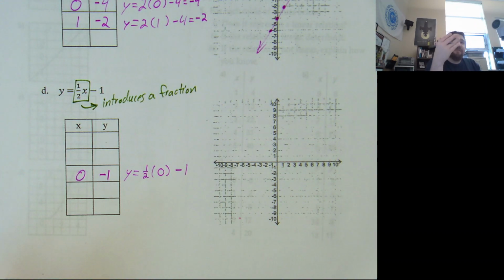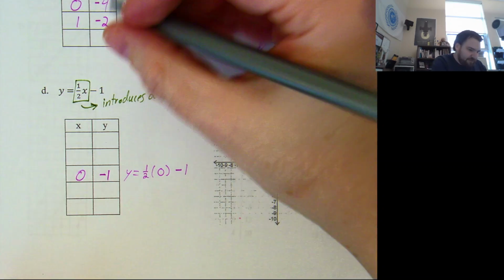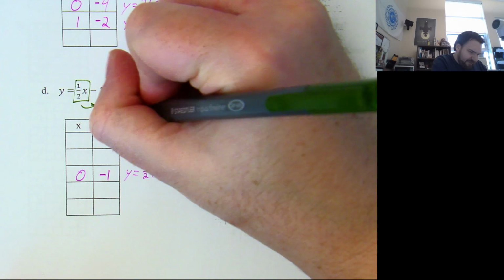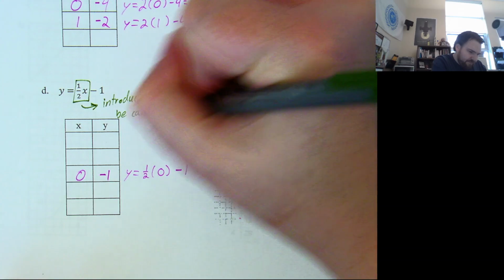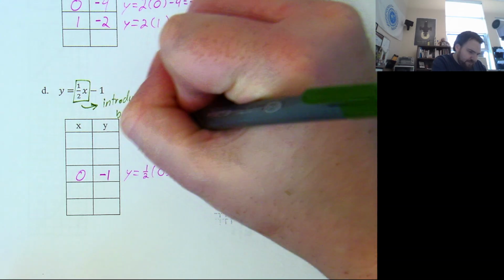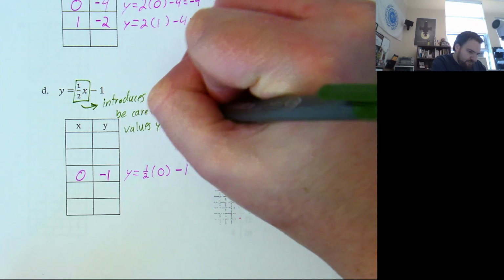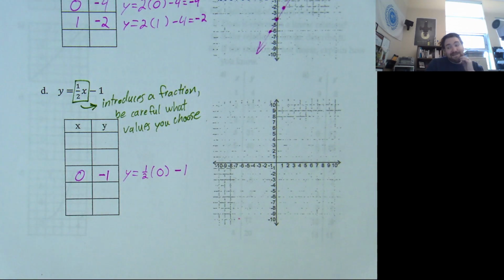If you find yourself at the point where you could do this, be careful what values you choose. So what kind of values would be better here? 10. Why?